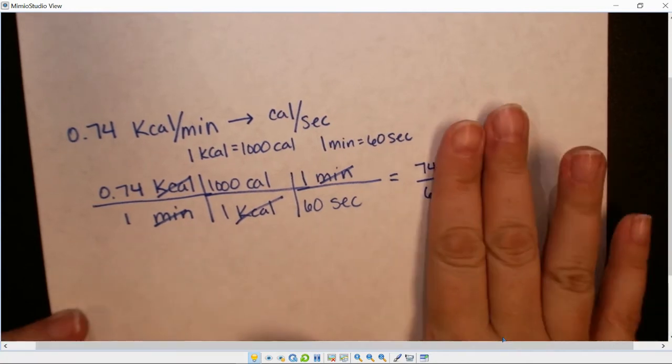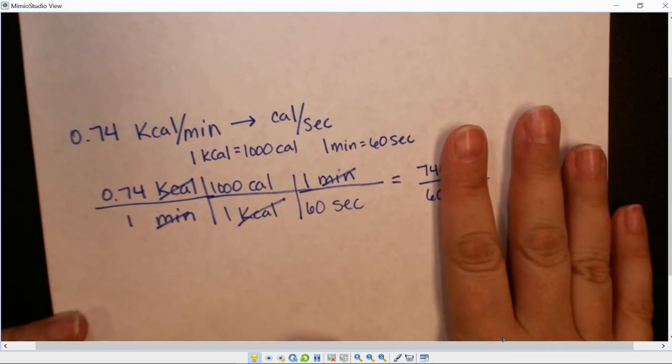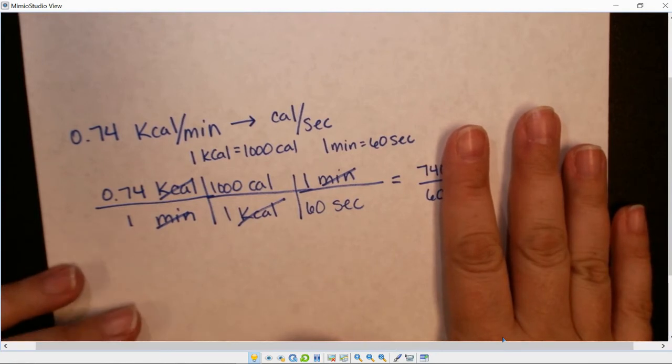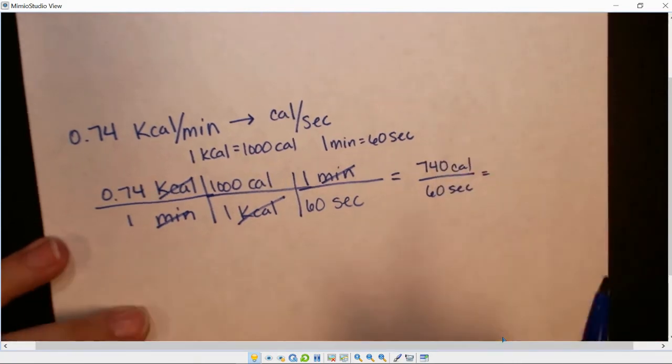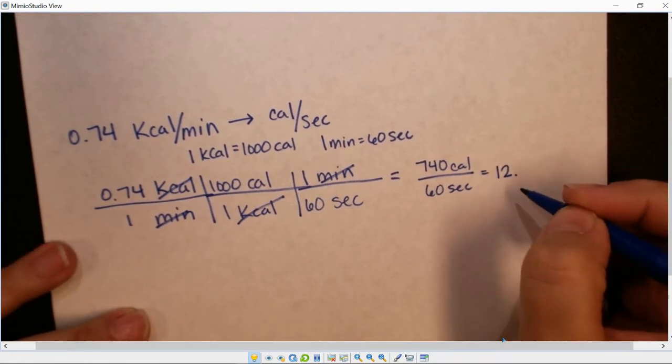Take the zeros off. 74 is greater than 6, right? So we know it's got to be something bigger than 10. So if this was a multiple choice question and one of the answers was like 50, one was 12, and the other two answer choices were less than 10, you could approximate that this is around 12. And in this case, it's exactly 12.33 repeating.